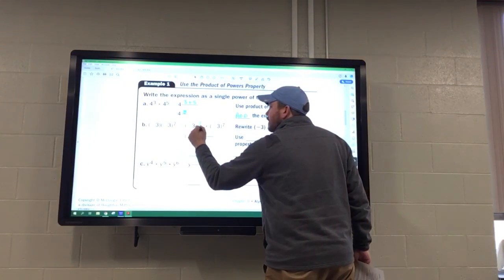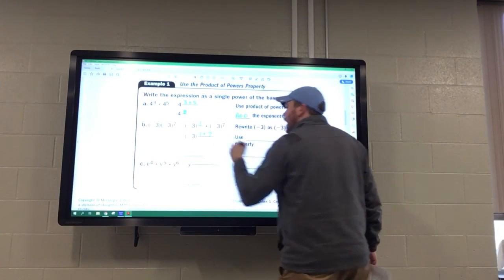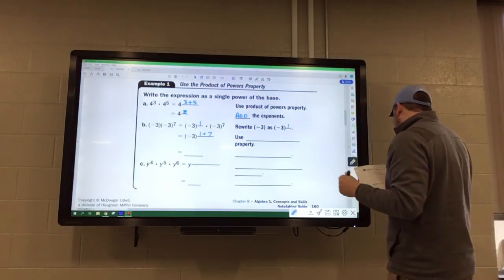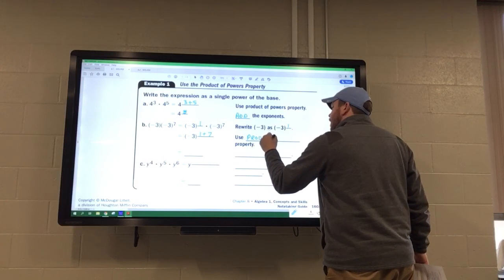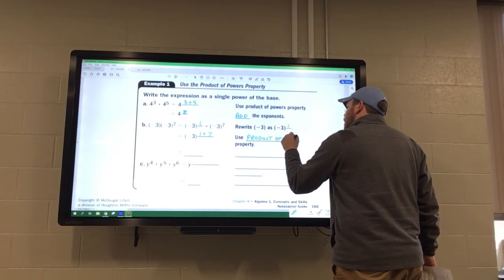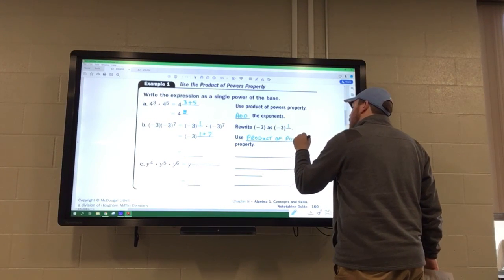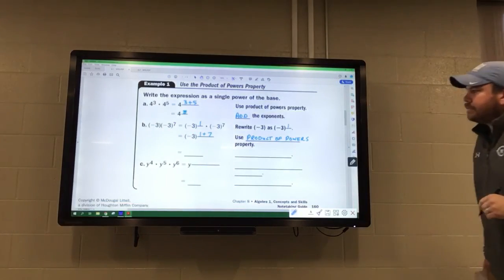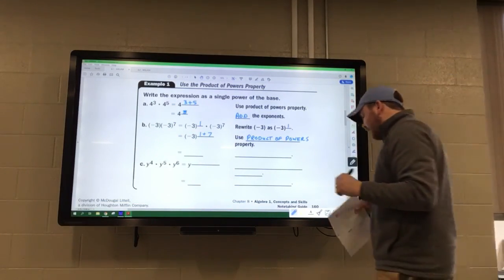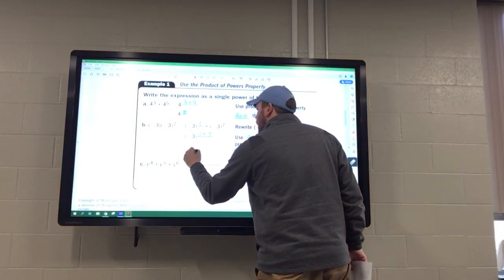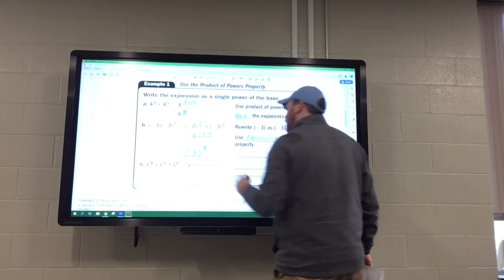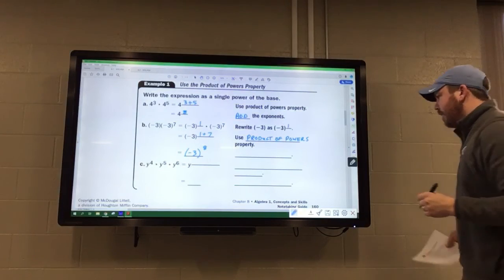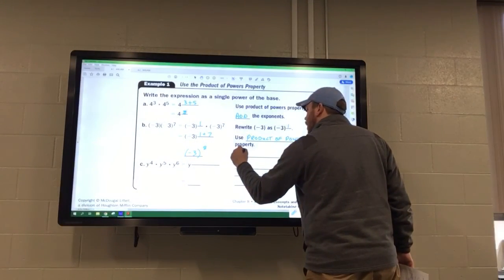We keep the base, and we add the exponents using the product of powers property, giving us a final answer of negative 3 to the 8th power. And we did that by adding the exponents.